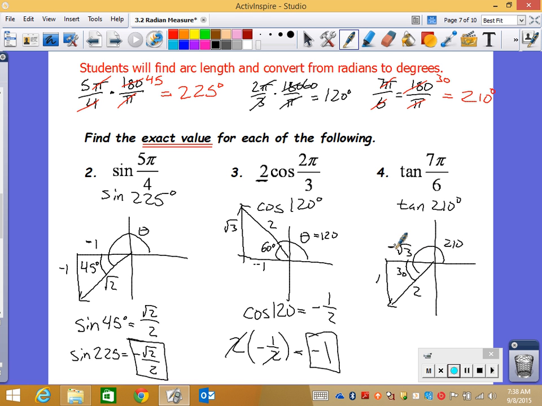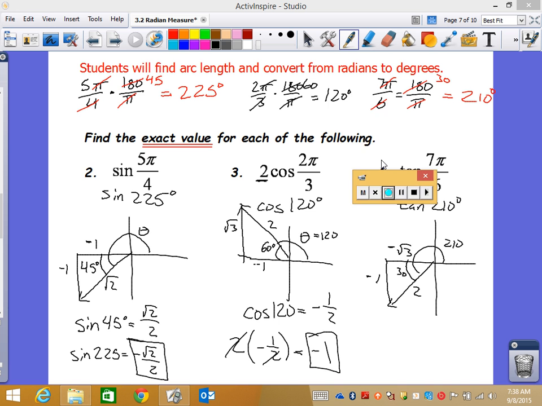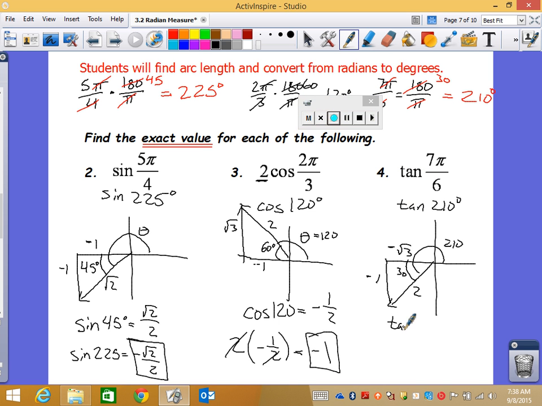So we get a negative square root 3 and a negative 1 since we're going left and down. So we can immediately figure out what the tangent of 210 is. It's opposite over adjacent, so we get negative 1 over negative square root 3. When we rationalize, the negative signs cancel and we get square root 3 over 3.